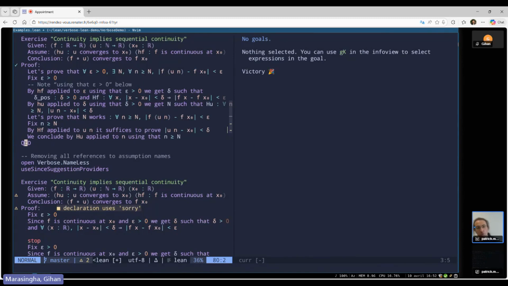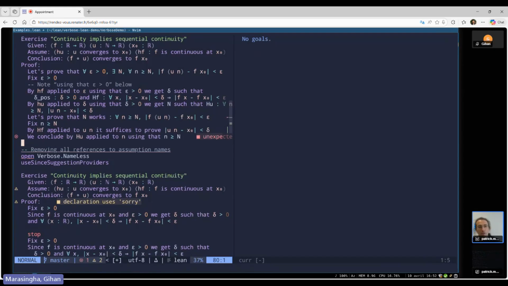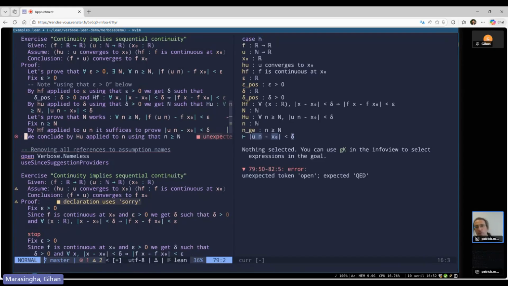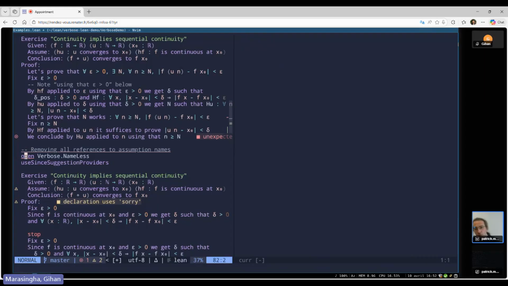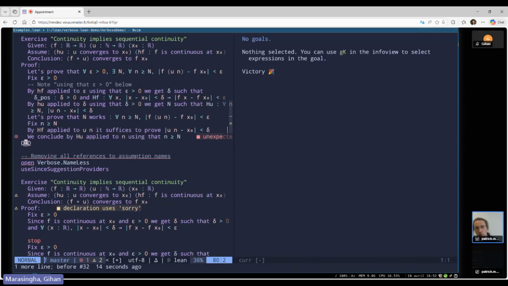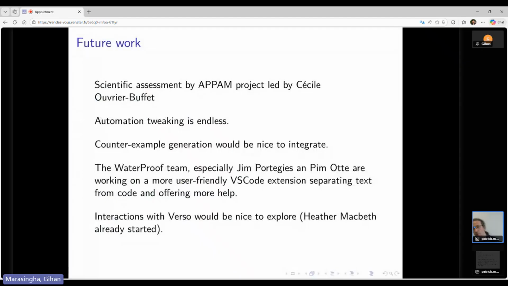But sometimes students just delete the QED, and then they get an error message spanning all the range until the next exercise, and they're confused about this. So this will all disappear with the Waterproof interface, and the help will be nicer to navigate. So that would be nice.